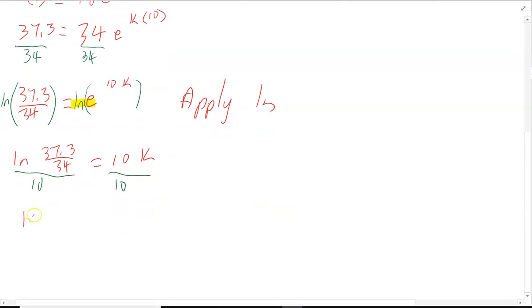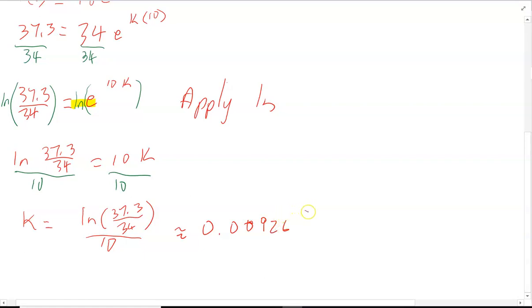So we have k equals ln of (37.3 over 34) all over 10. And if we plug that into our calculator, we'll get approximately 0.00926.